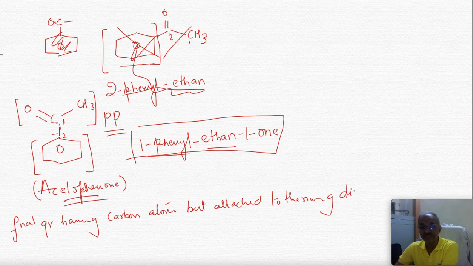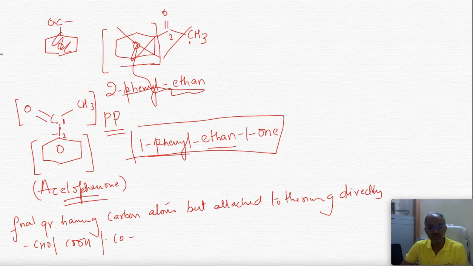Which are the functional groups? It's very easy: CHO, COOH, ketone, then COCl. Okay? Now, we'll see a few examples.